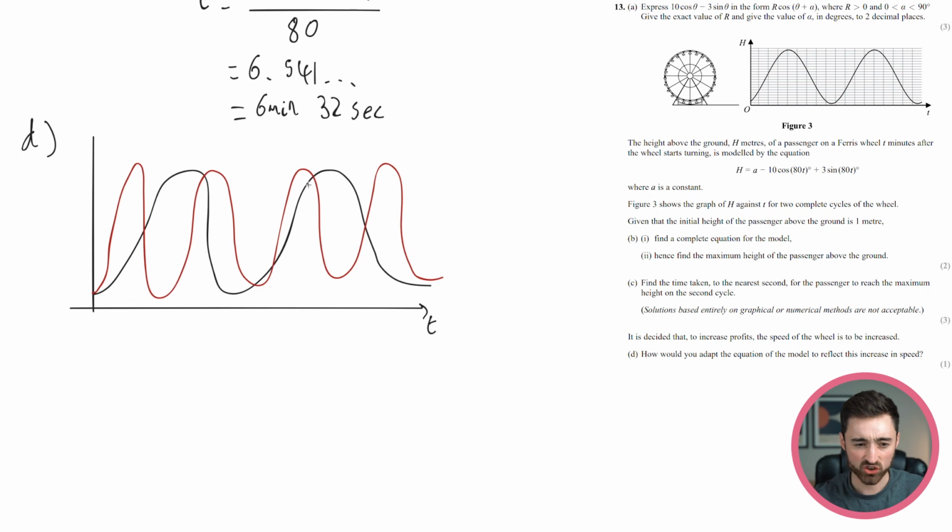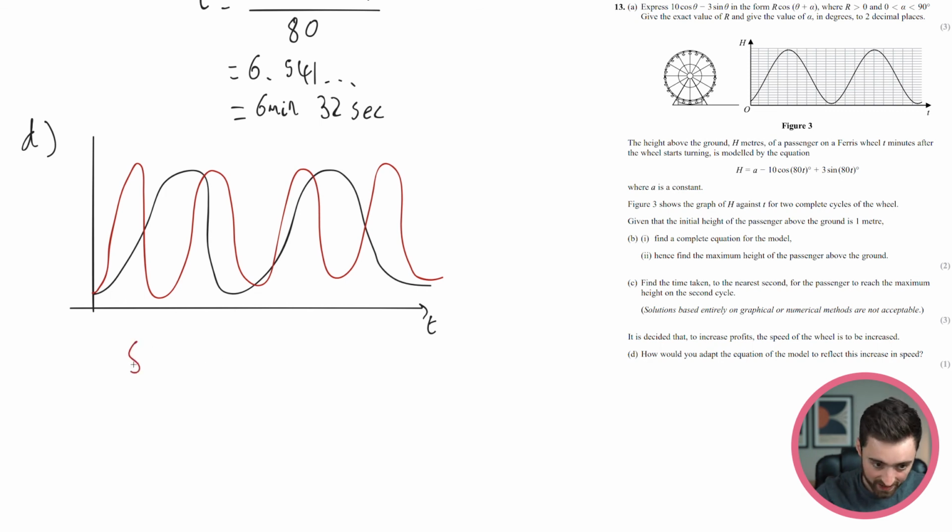So thinking about transformations, what would that correspond to? Well, the oscillating nature of this equation is from the trig, isn't it? It's from the cos and the sine. So how would I transform the cos and the sine so that it squishes in? Think of our graph transformations.